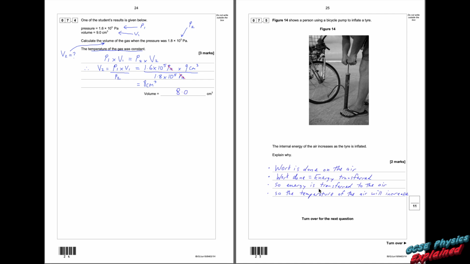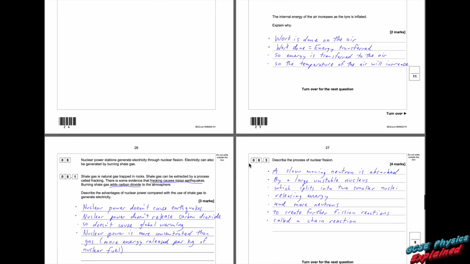So energy is going to get transferred to the air. So the temperature of the air will increase. So why has it got more internal energy? It's basically because the temperature of the air is going to increase because you've done work on it. But again, I've given you a little bit more information there just in case it's worth more next time.